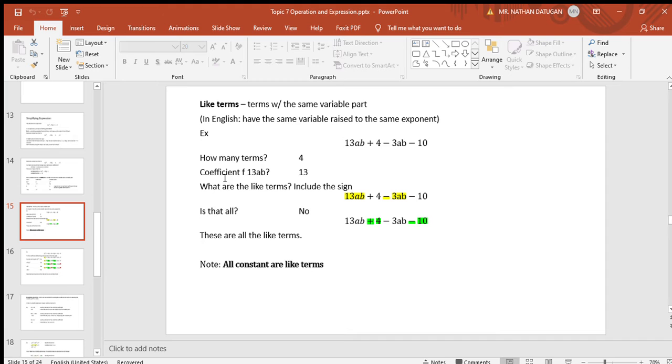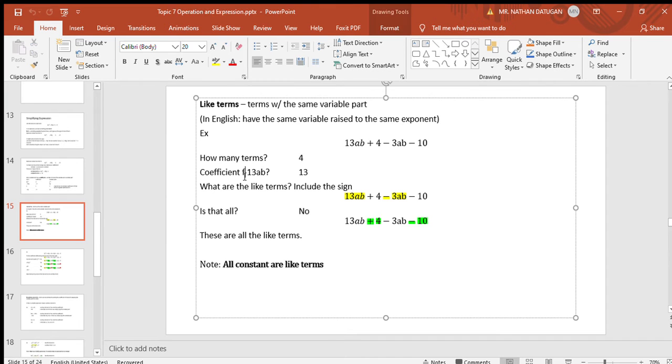So what is the coefficient of 13ab? Well, 13. Now what are the like terms of this expression? Well, 13ab has like terms with negative 3ab. So those are two like terms. Is that all?